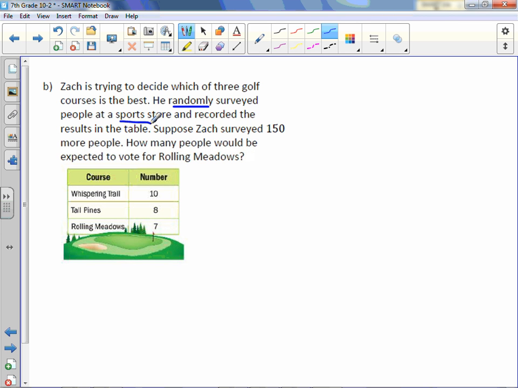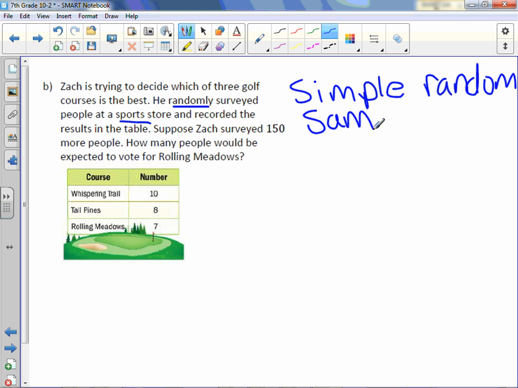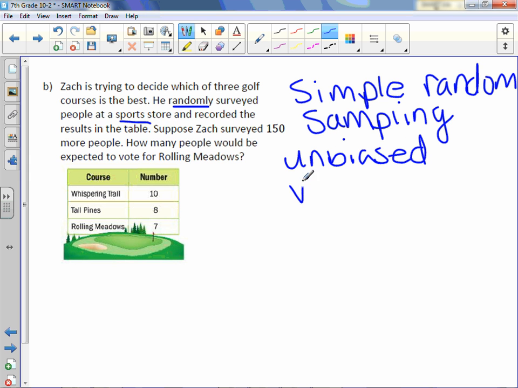But he's being very random. He's doing a simple random sampling, which is unbiased, and therefore valid.